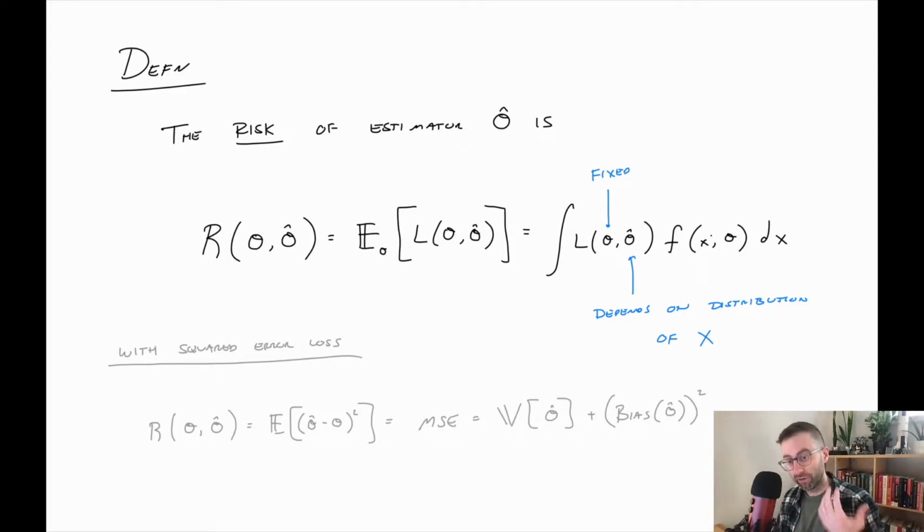Now, it turns out that we've already seen the risk for a lot of these estimators, because under squared error loss, what this boils down to is the mean squared error, which we have previously seen is the variance plus the bias squared. We just haven't used this loss and risk nomenclature to talk about it, but we've already been doing this for all intents and purposes.